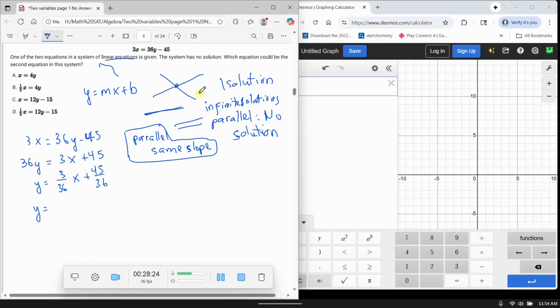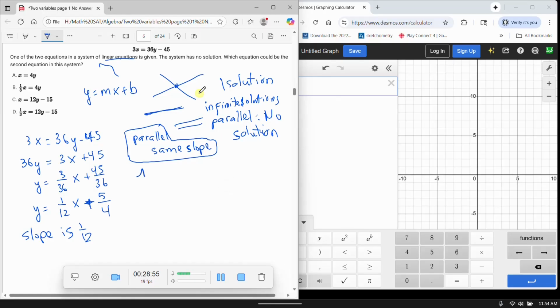So 3 over 36 is 1 over 12. 45 over 36 simplified by 9 is 5 over 4. So now the slope is 1 over 12. We are looking for the equation that has the slope of 1 over 12.